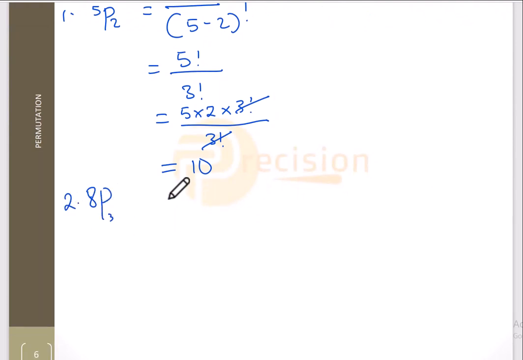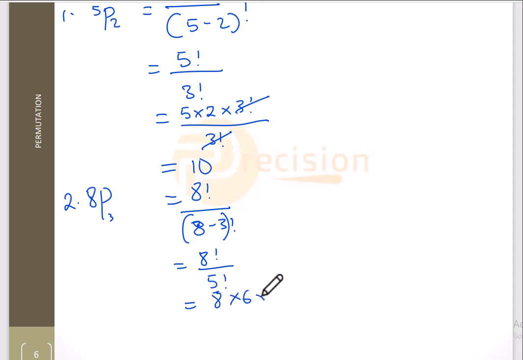Permutation 3. So this becomes 8 over 8 minus 3, right? So here we have 8 over 8 minus 3, which is what? That's 5, right? So this becomes 8 times 7 times 6 times 5, so you're stopping at 5, right?